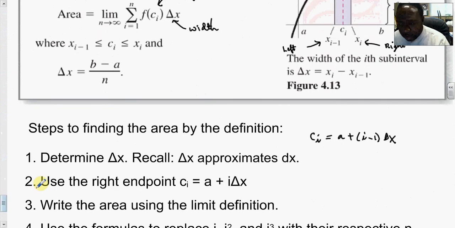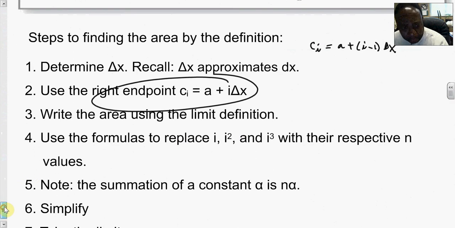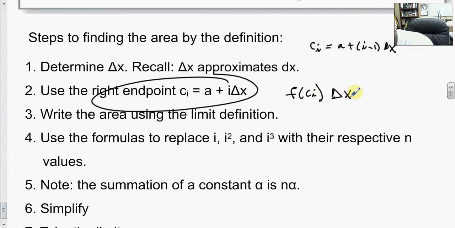I think the work is a little bit cleaner by using the right endpoint, and so that's the one that I prescribe to you. So the steps that I've given: determine delta x. Recall that delta x will approximate dx. Use the right endpoint for c sub i, and so you're going to try to calculate f of c sub i, and then it's going to be times delta x, and that will give us the area.